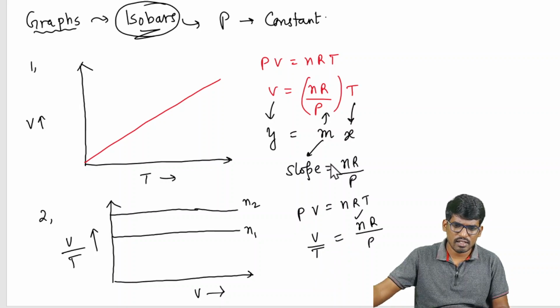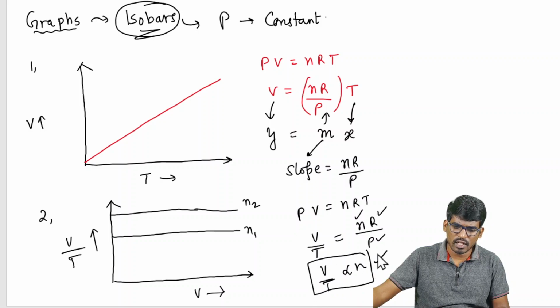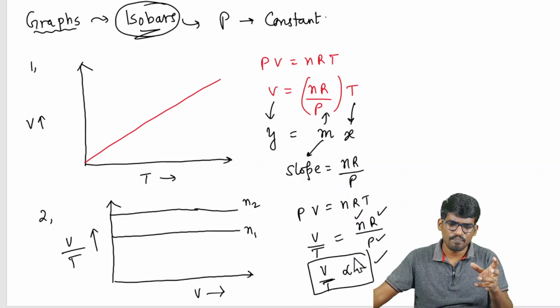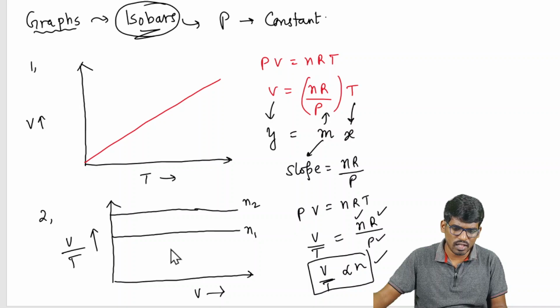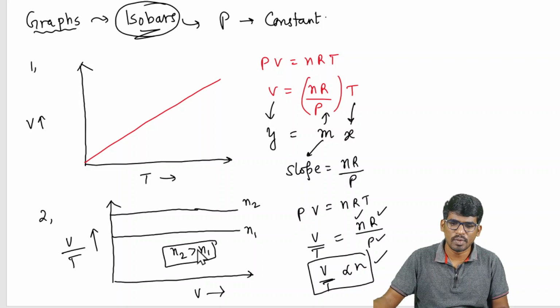For a particular gas, R is constant and P is constant. So V/T is directly proportional to n. That means whichever line or graph has the higher V/T value will have the higher n value. So the relation between n2 and n1 can be taken as n2 greater than n1. Hope you understood that.